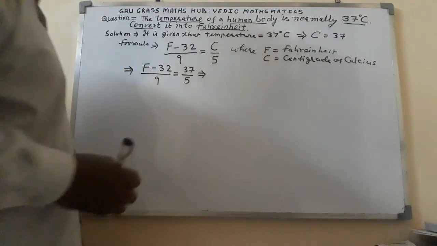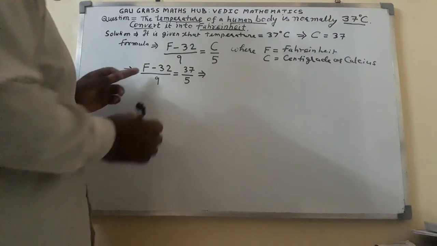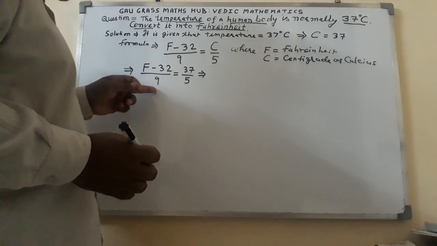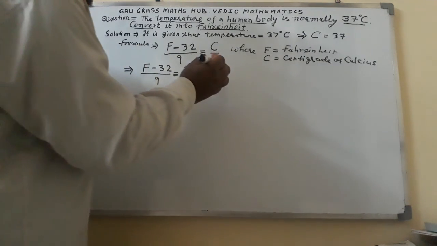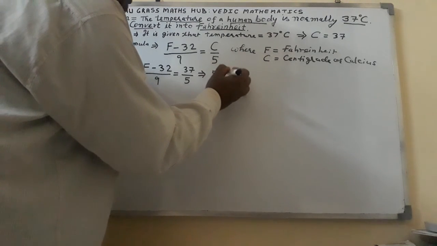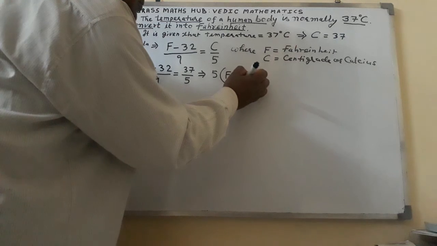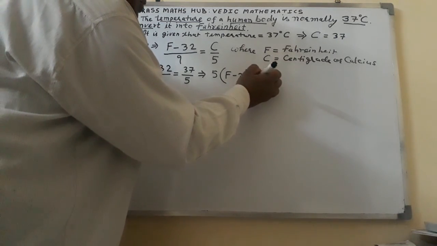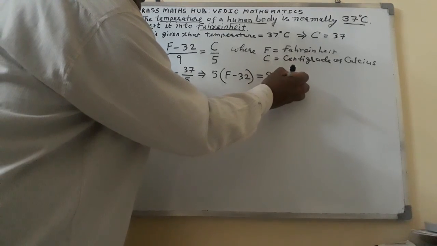Now simplify this one. Here you can see (F minus 32) whole over 9 equal to 37 over 5. Now cross multiply here. You will get 5 in bracket (F minus 32) equal to 9 into 37.